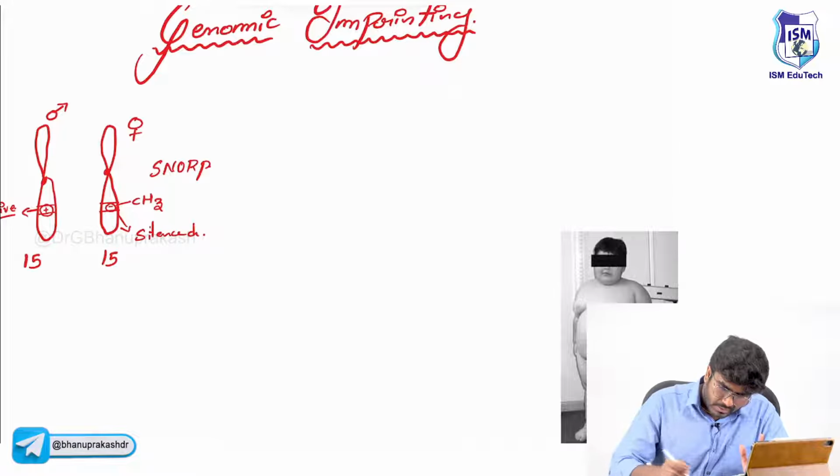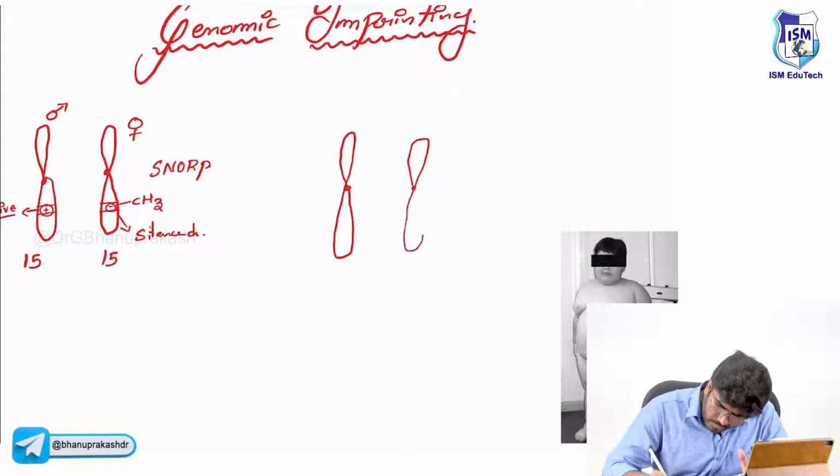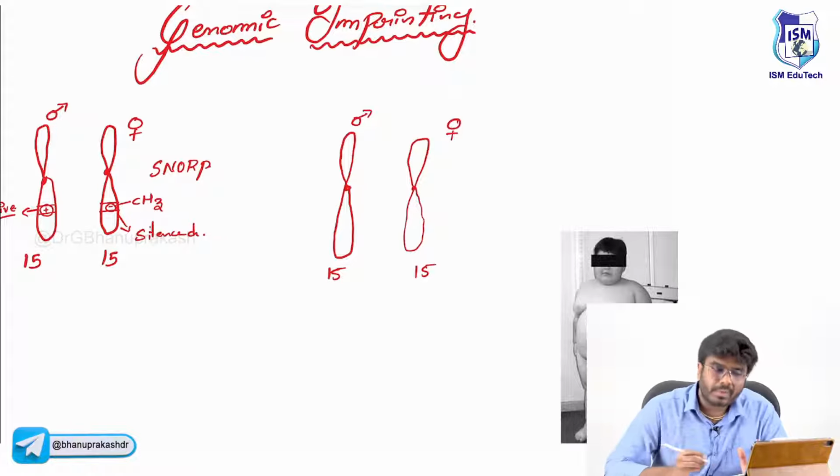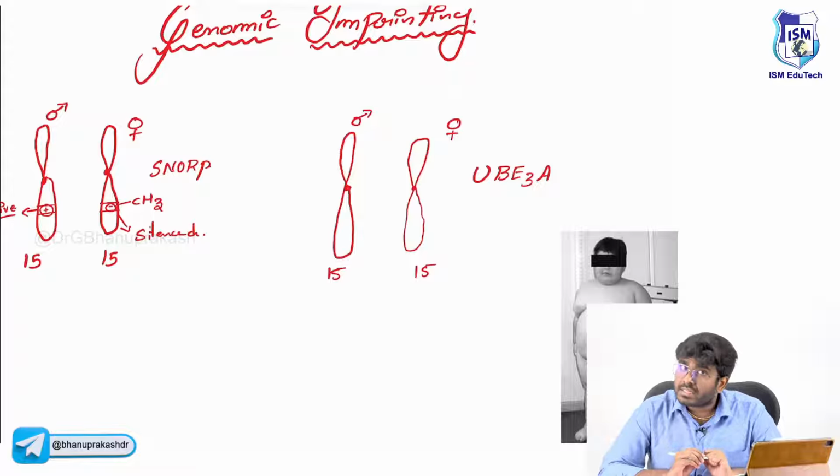Now, the same chromosome 15, one from the father and one from the mother. Now, I am talking about a gene called the UBE3A gene. Is it important for your exam?